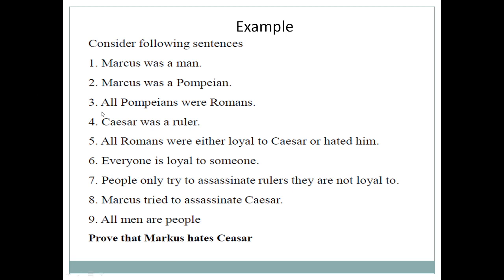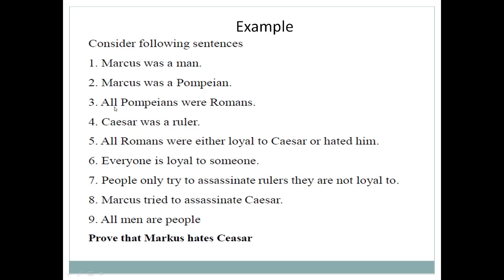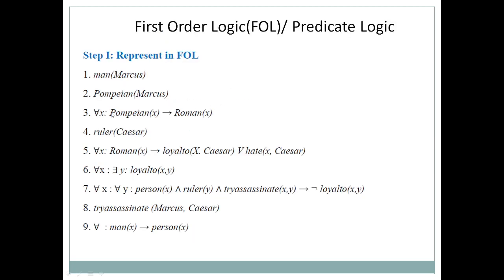So here what we have written, all Pompeians were Romans. How to write this? We also understand that along with the universal quantifier we are going to make use of the implication sign. So the answer: for all x, if x is a Pompeian, then x is a Roman. Why have we used the universal quantifier for all?